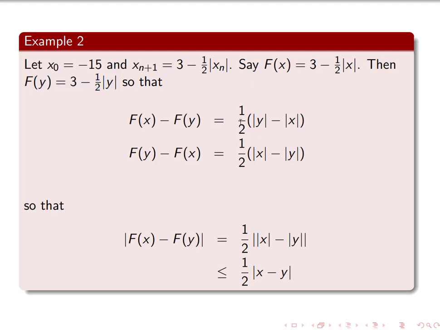My f of x minus f of y is equal to 1/2 of the absolute value of y minus the absolute value of x. Switch these around and we get something similar, and so the absolute value of the difference between these two is equal to 1/2 of the absolute value of the difference of the absolute values of x and y, which is less than or equal to 1/2 of the absolute value of x minus y. So this function f is a contractive mapping, and so this is going to converge.